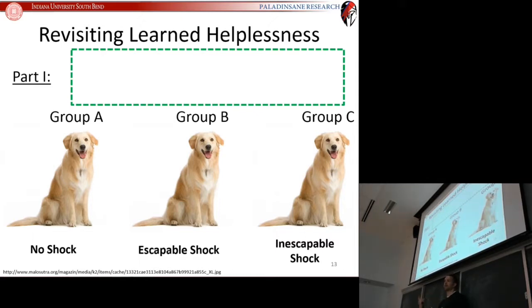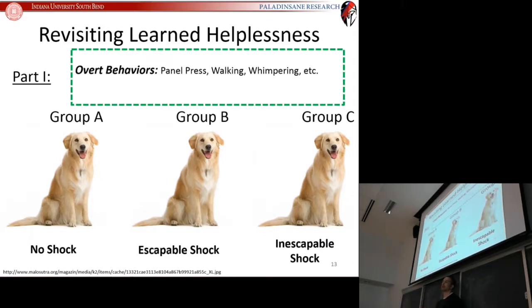So pressing the panel is the one that we know would happen. What else would happen? Group A not really doing anything, and Group C freaking out. So things like whimpering, probably things like running around the room. There was probably barking. There was probably a lot of these different overt behaviors.